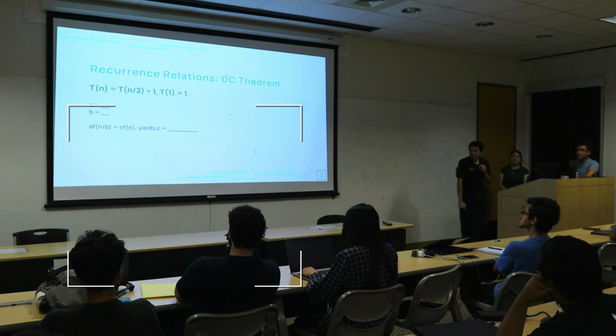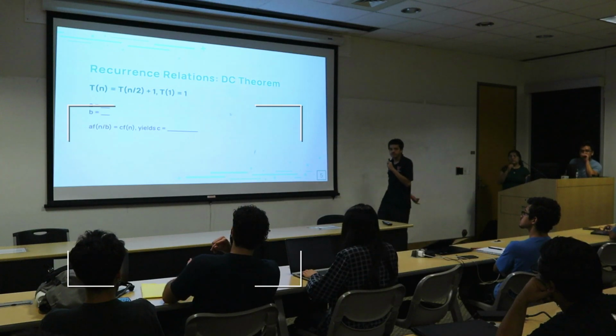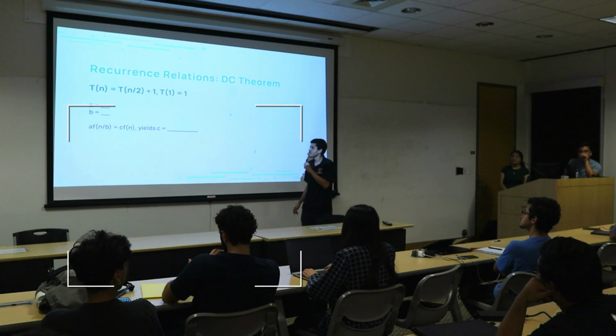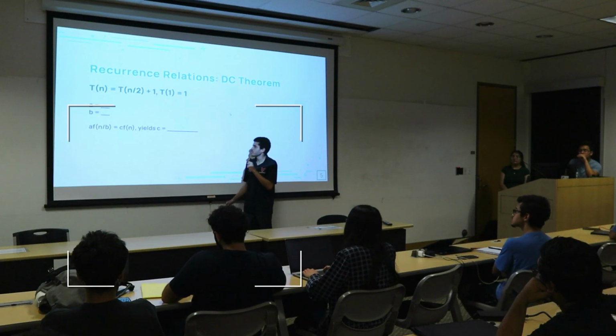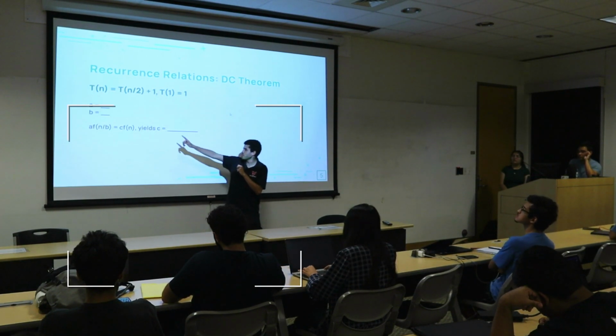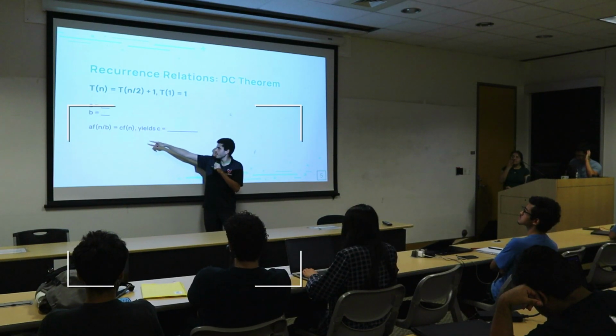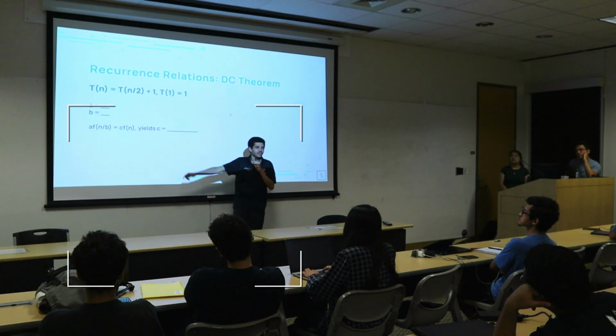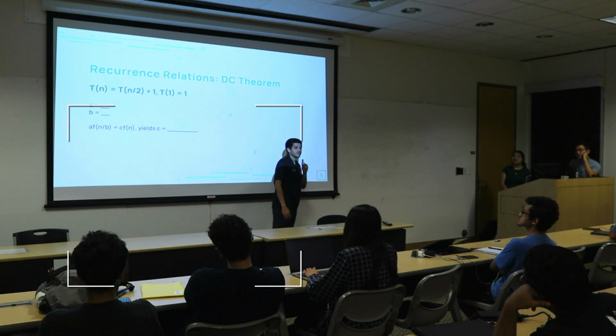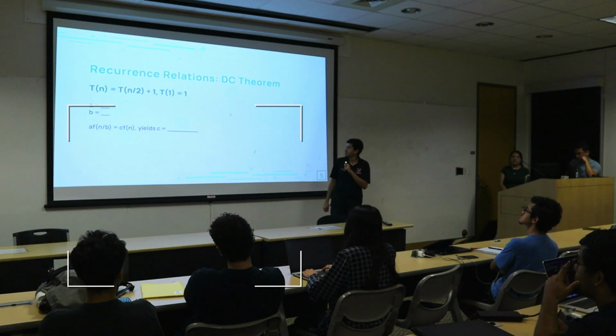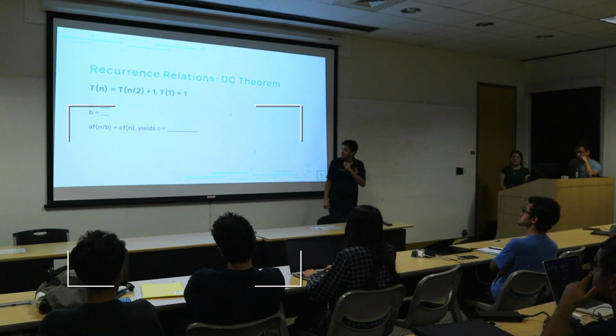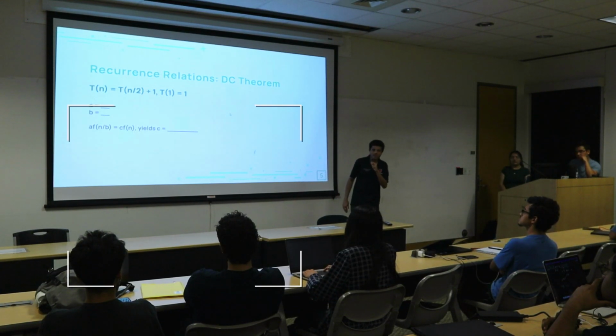All right, so next one. What's your A? 1. What's your B? 2. Okay, so it's going to be 2 f of n over b equals c f of n. But what's n? In this case, it's a little tricky. But it's right in front of your face.